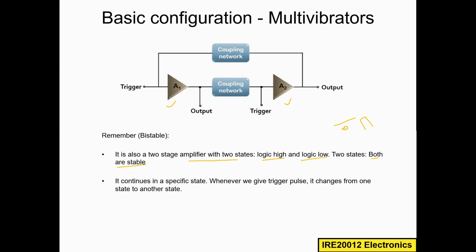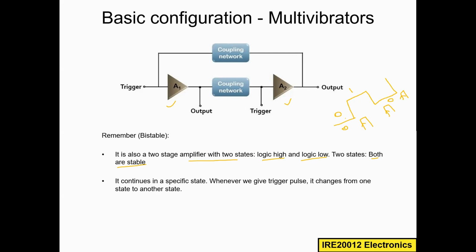Whenever you give the trigger signal, it changes to another state, and then it maintains logic 1 forever unless you give another trigger pulse. If you give another trigger pulse, it comes back to logic 0 and stays there until you give another trigger pulse. So both states 0 and 1 are stable.